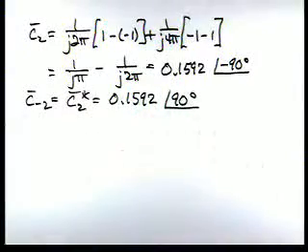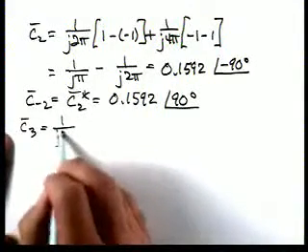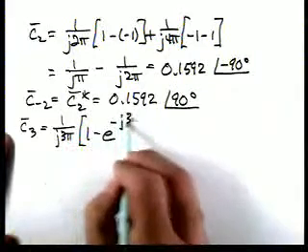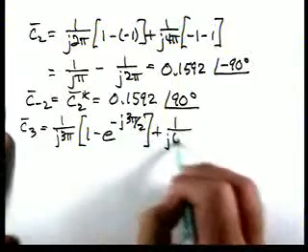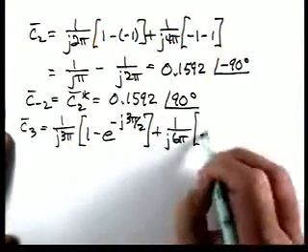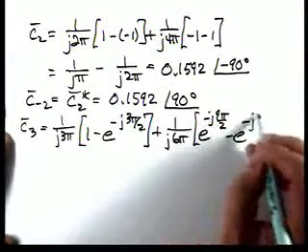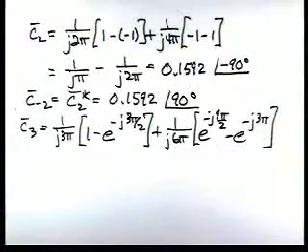And then let's calculate C3. So C3 is 1 over j 3 pi times 1 minus e to the minus j 3 pi over 2, plus 1 over j 6 pi times e to the minus j 9 pi over 2 minus e to the minus j 3 pi. And we really calculate these the same way that we do the others.